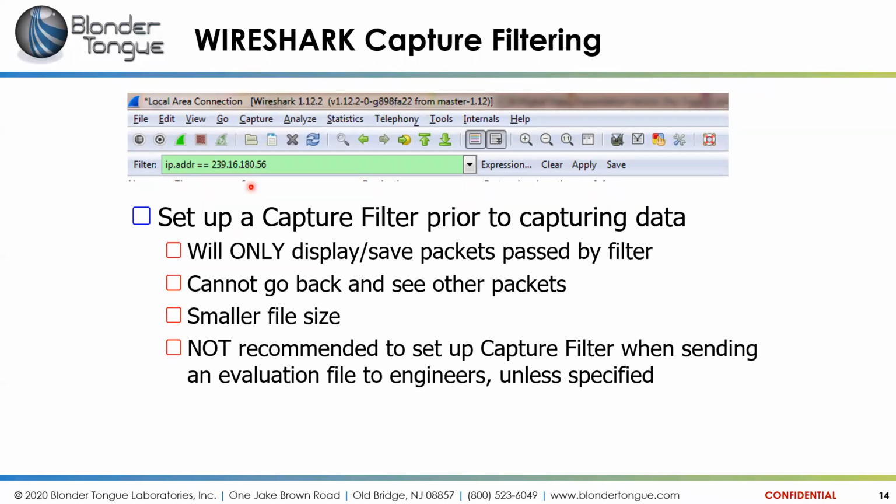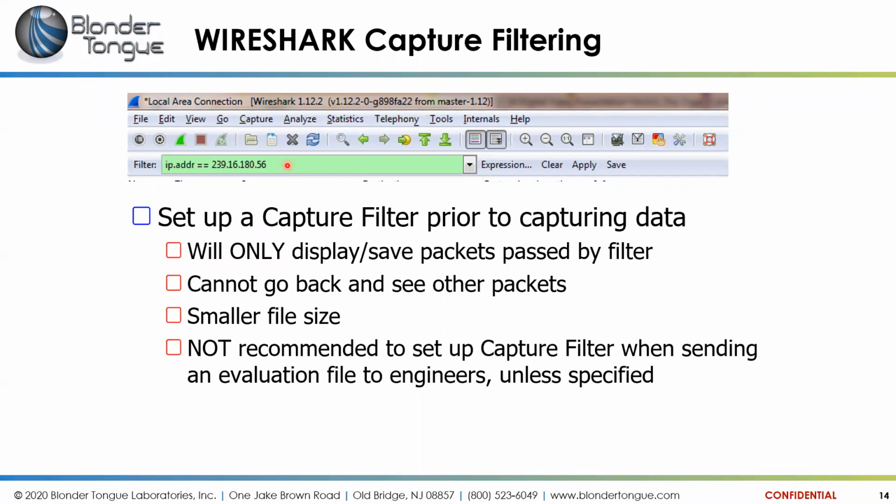When you set up a capture filter, it's only going to look at and record the packets that apply to this filter. So any other data that's on your network, Wireshark will totally discard, totally ignore, and will only show and capture data from this IP address. All right, you cannot at any time go back and see any other packets.